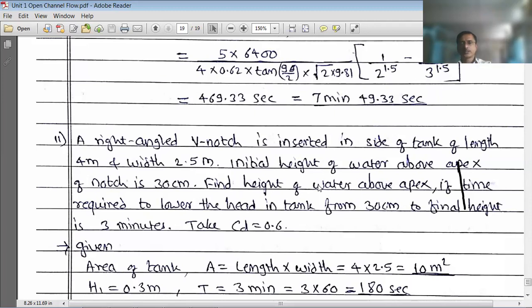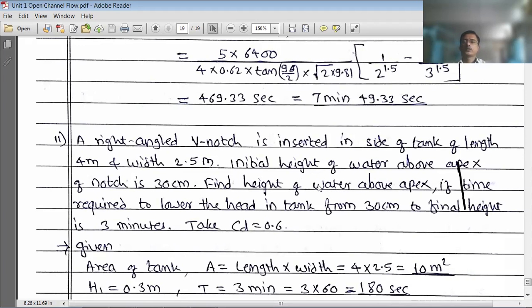Initial height of water above the apex of notch is 30 centimeter.